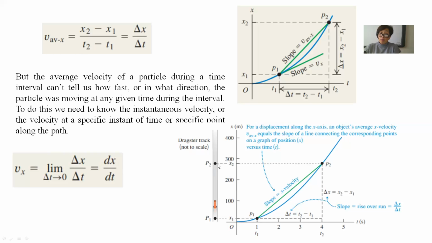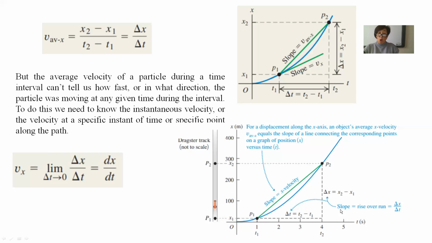The second position has coordinate x2 and the second time. This region shows the change in time, and this region is the change in coordinate, the displacement, and the slope equals the velocity. The average velocity equals the slope of the line connecting the corresponding points on a graph of position versus time.